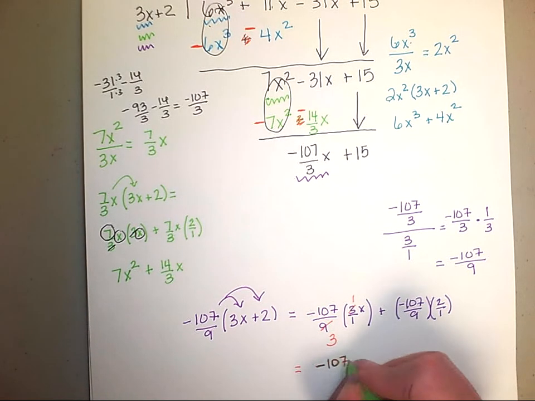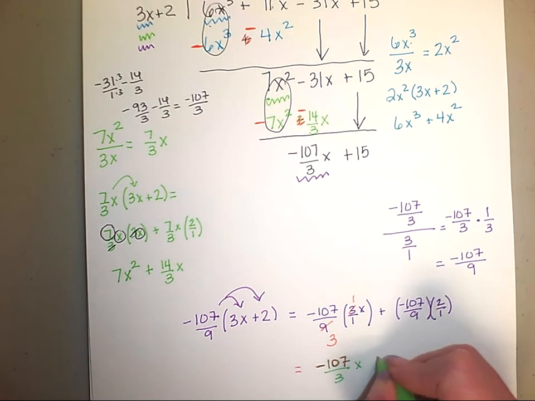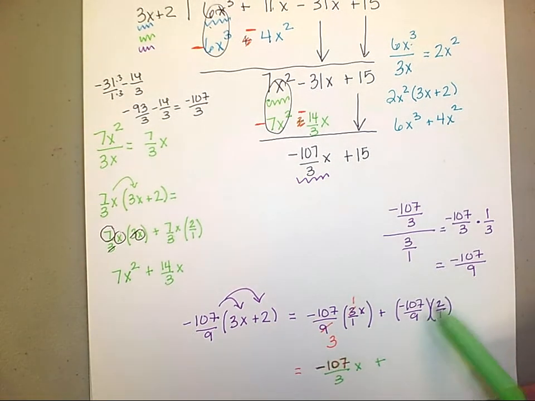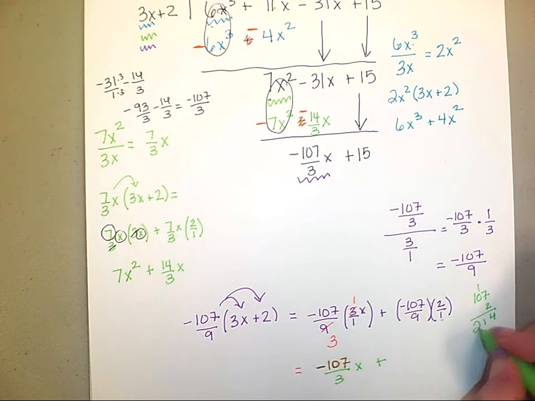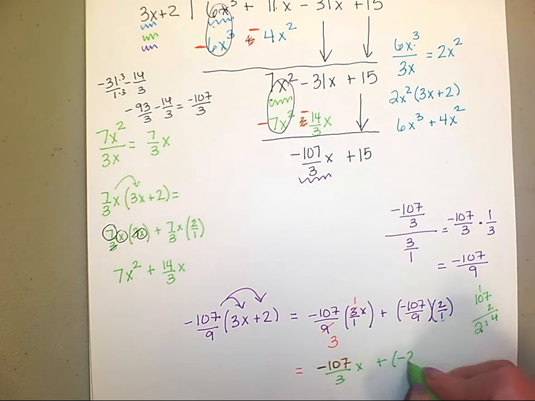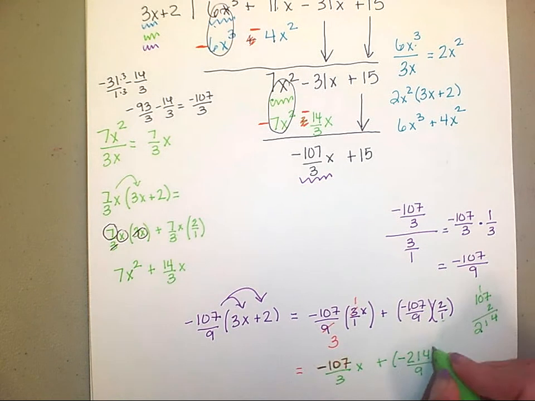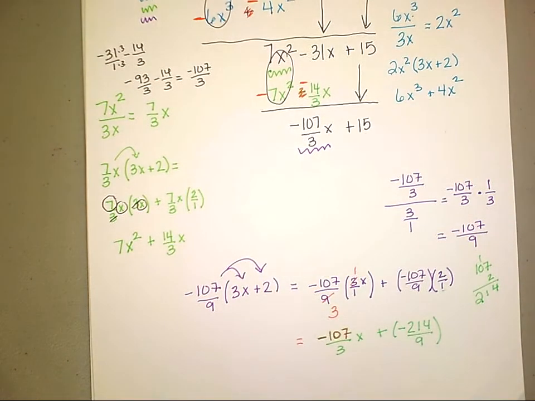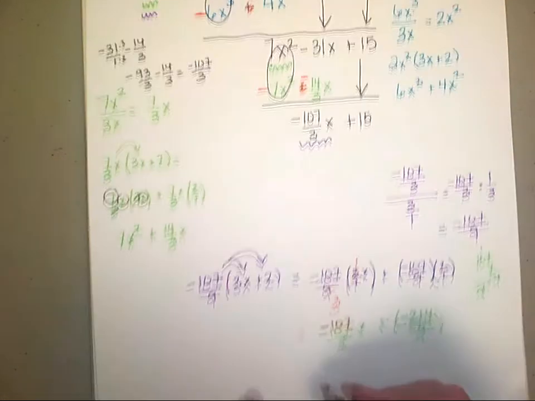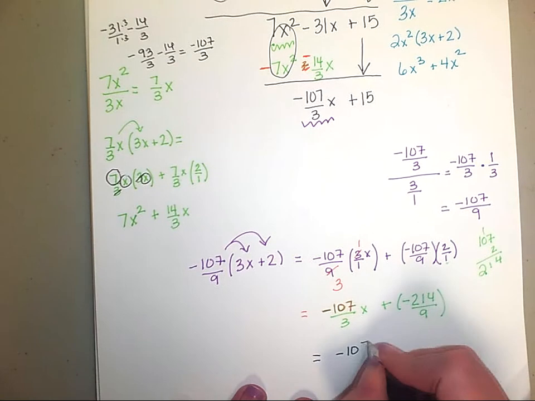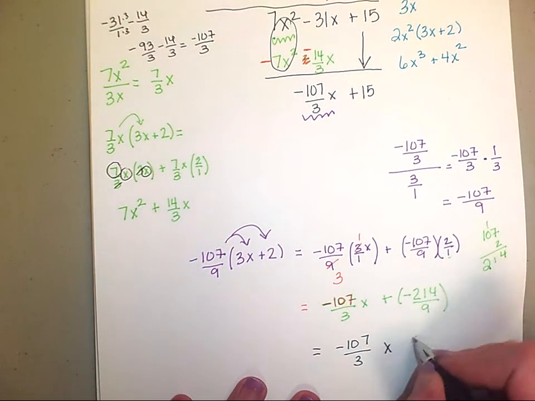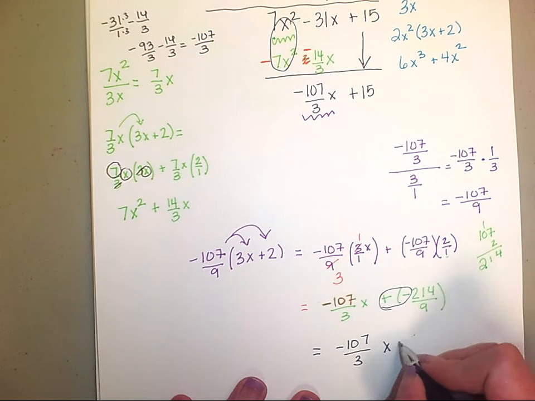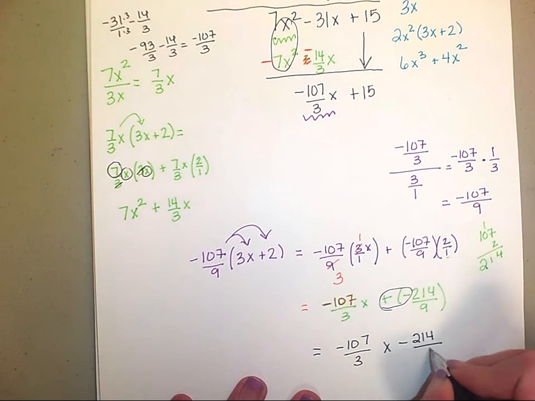Negative 107 over 3x plus, and then there's no canceling here, so 107 times 2 is 214, plus a minus 214 over 9. Just rewriting negative 107 over 3x, and this plus and minus become minus 214 over 9.